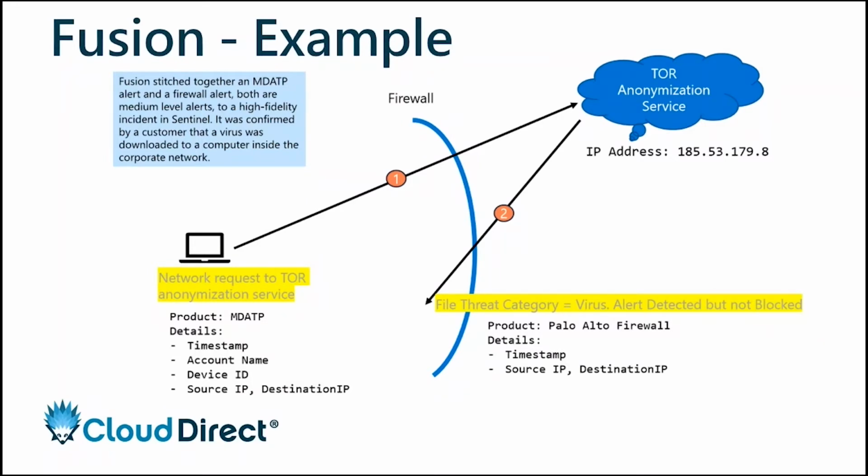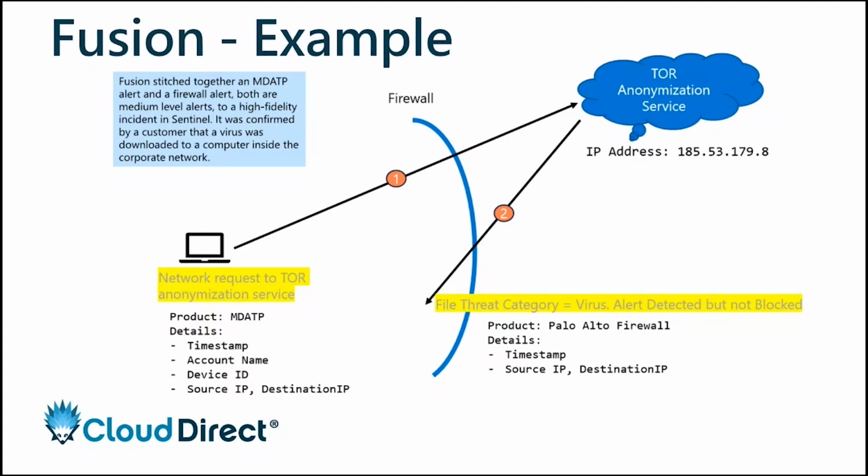And then there's another data source coming in from a Palo Alto firewall, which has detected a file that's been downloaded from that same IP address, and it's a virus alert. It's been detected but not blocked. So we can see from that example that there are two data sources.